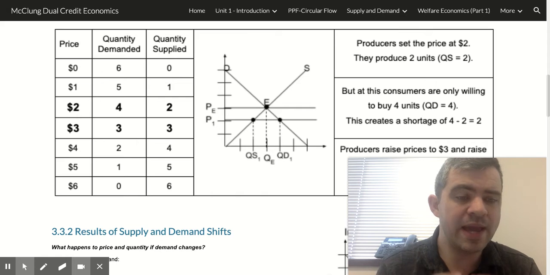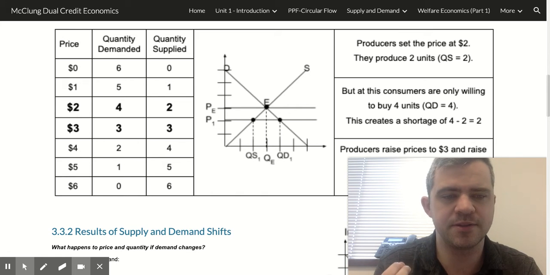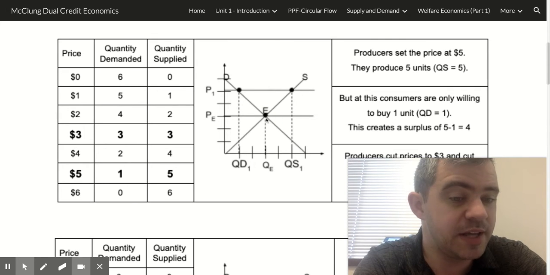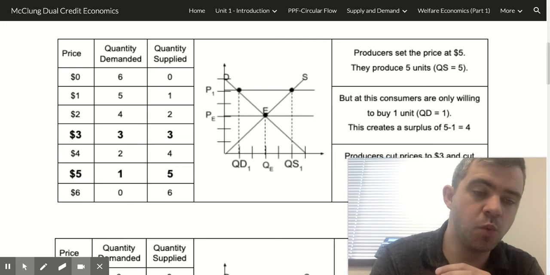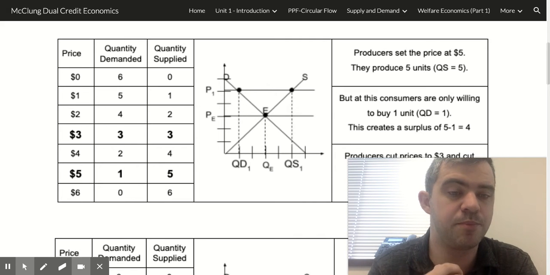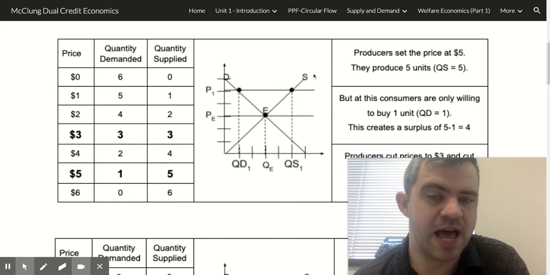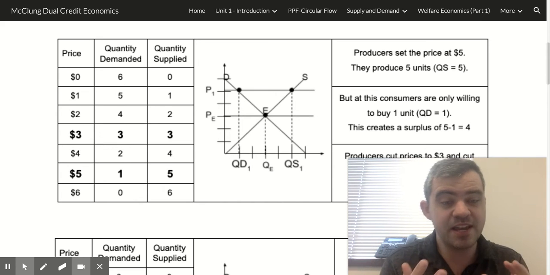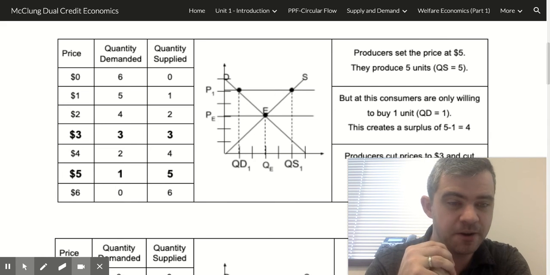So what we expect, at least in competitive markets, is that the quantity and the price tend toward this equilibrium point, which is where supply and demand intersect. Are you starting to see where supply and demand come together?